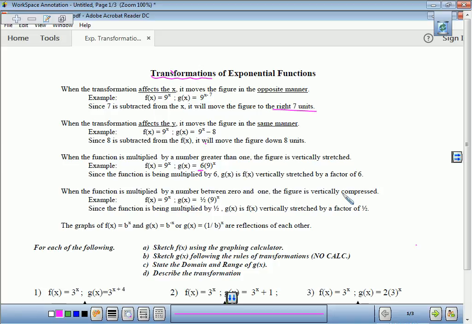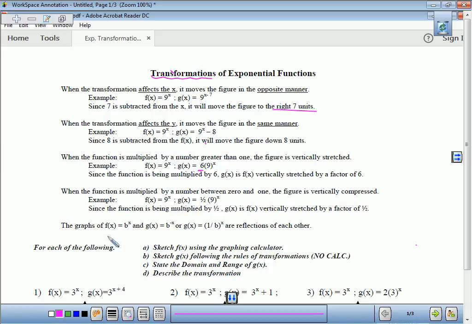Now, we're not actually going to move numbers inside here and cause horizontal stretches or compressions. We're not going there, so don't worry about that. Now, we also can have reflections. If the reflection, as in this case, is up with the x, if the negative is up with the x, it switches all the x's to the opposite, which causes a reflection over the y-axis. And then we have one more that it appears I've left off.